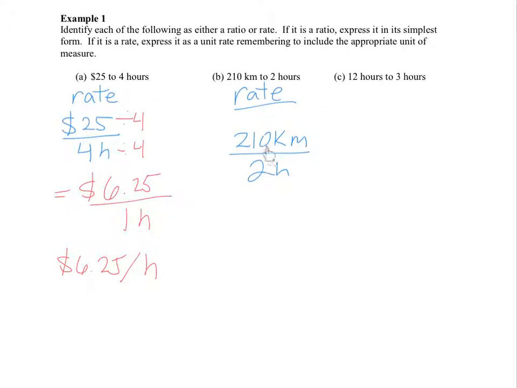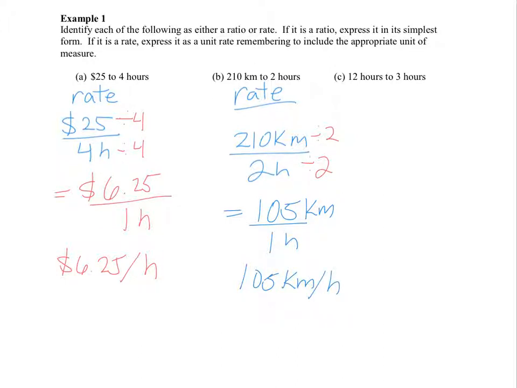So we're going to divide both of these by 2 because 2 is on the bottom. So 210 divided by 2 gives us 105 kilometers, and 2 hours divided by 2 gives us 1, which is 105 kilometers per hour.